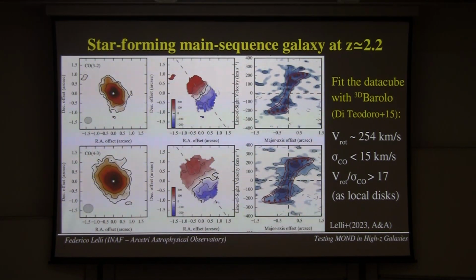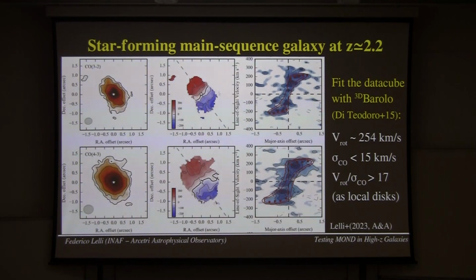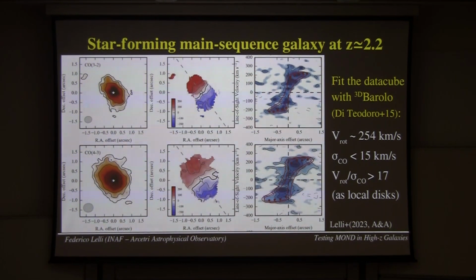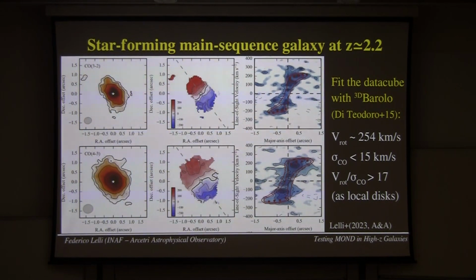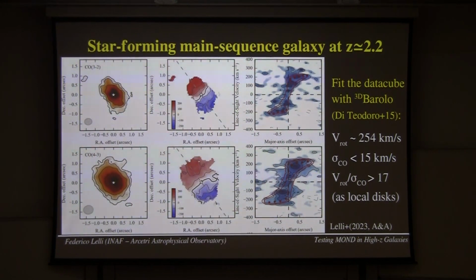And once you have an estimate of the CO 1 to 0 luminosity, you have to assume a so-called alpha CO conversion factor that is well studied in the Milky Way. So for the moment, we use the Milky Way value.